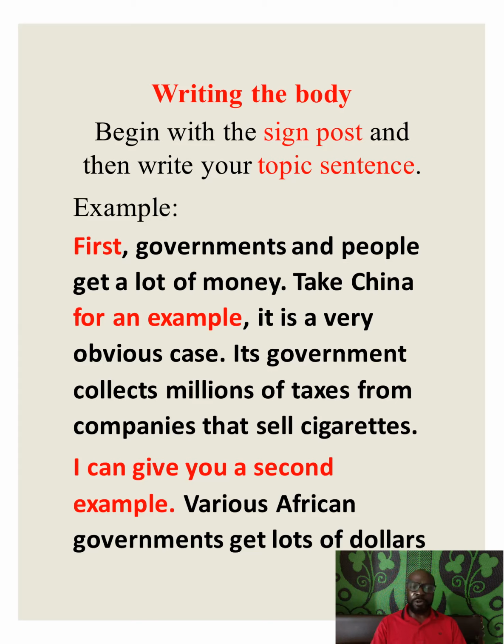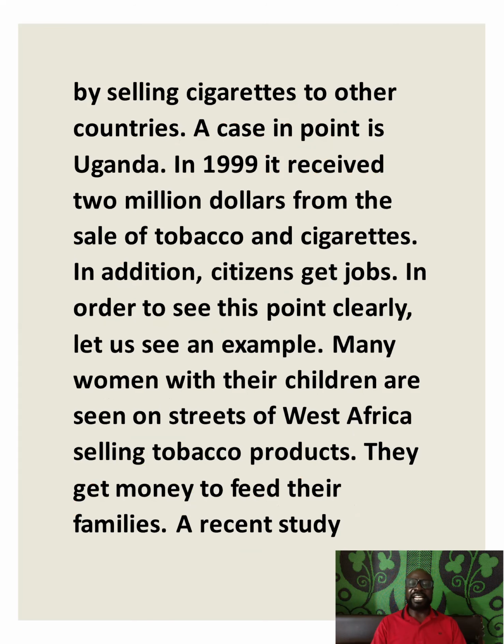Now we go to the people. I have given many examples of how governments get money. Now, let me go to the people. In addition, citizens get jobs. Which citizens? Which jobs? In order to see this point clearly, let us see an example.